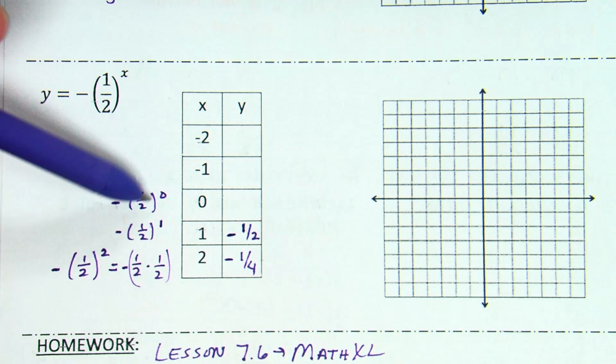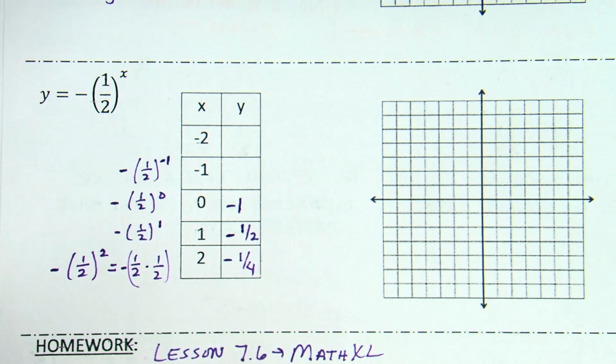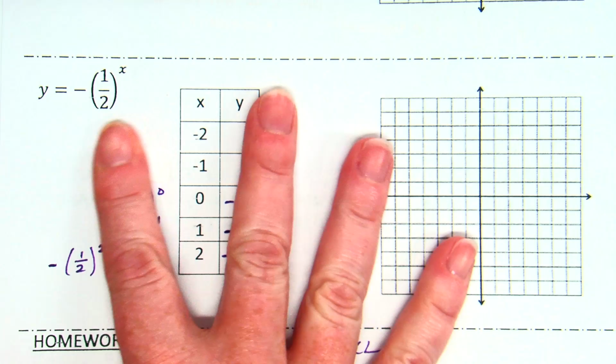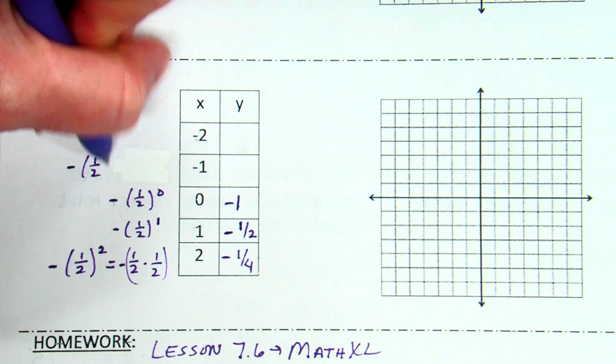Negative of 1/2 to the negative first. Oh, I should have scooted that over. I'm going to scoot that over so I have room to write what it equals. So it's the negative of 1/2 to the negative first.